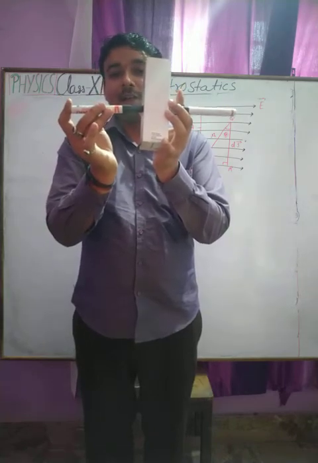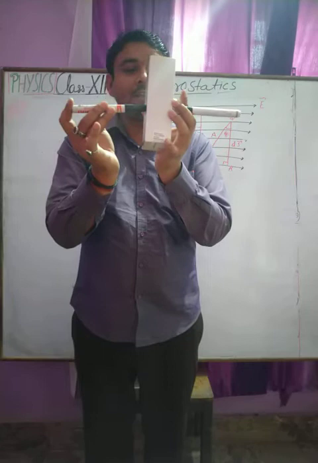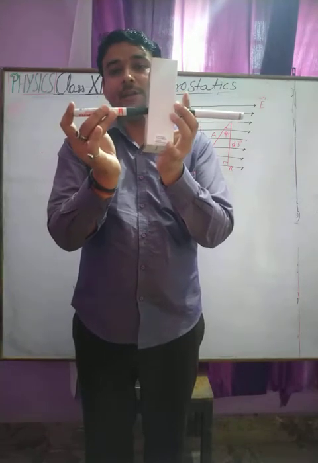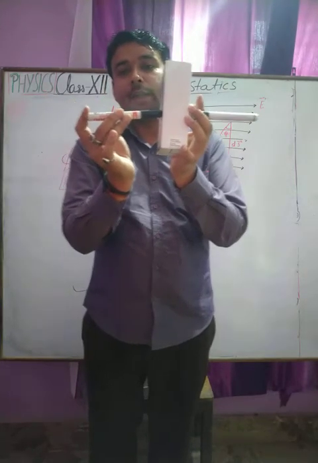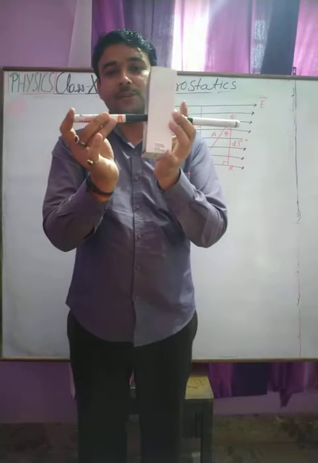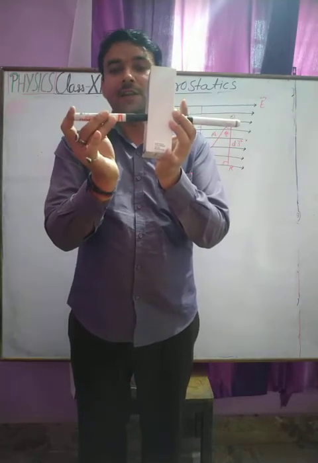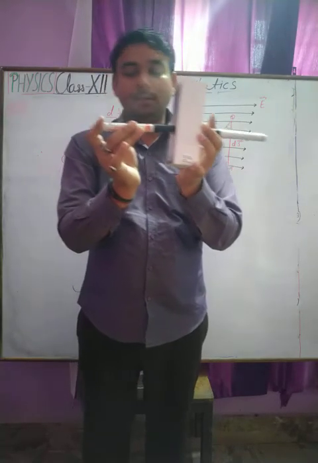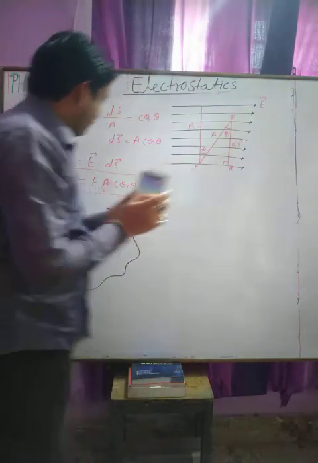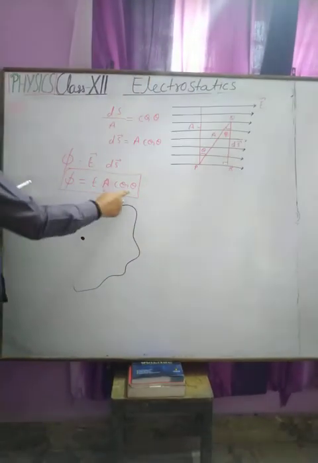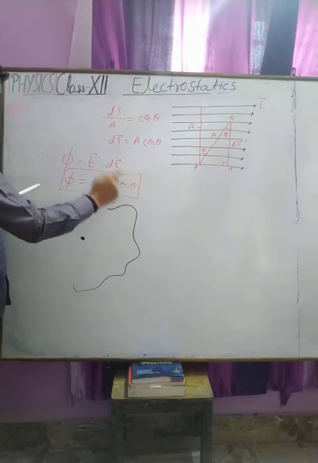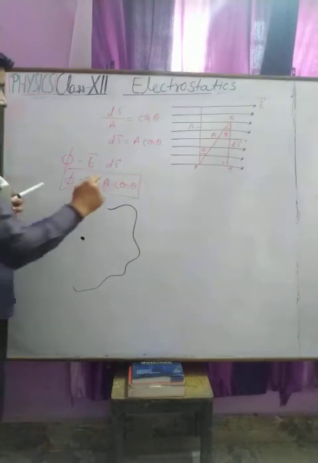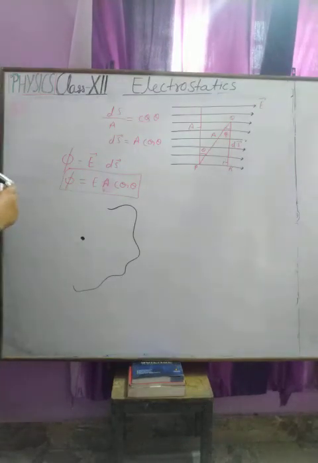Therefore the angle between the area vector and electric field is 0 degree, and they are in the same line, which means 180 or 0 degree. And you all know the value of cos 0 is 1 and cos 180.